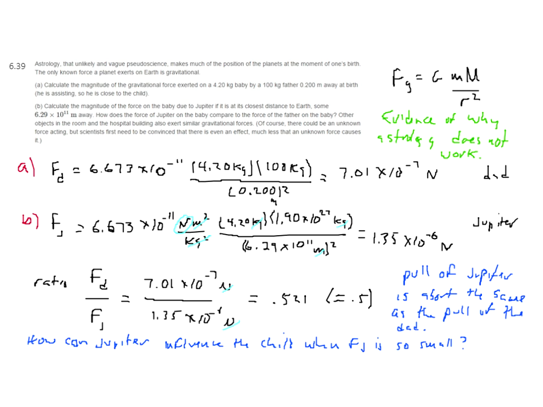Astrology makes no sense because Jupiter's pull on a newborn baby is roughly the same as the father's pull on the newborn baby. Not to say the mother's pull, the doctor's pull, the nurse's pull, and so on. I hope you enjoyed this astrology lesson with Bruce.